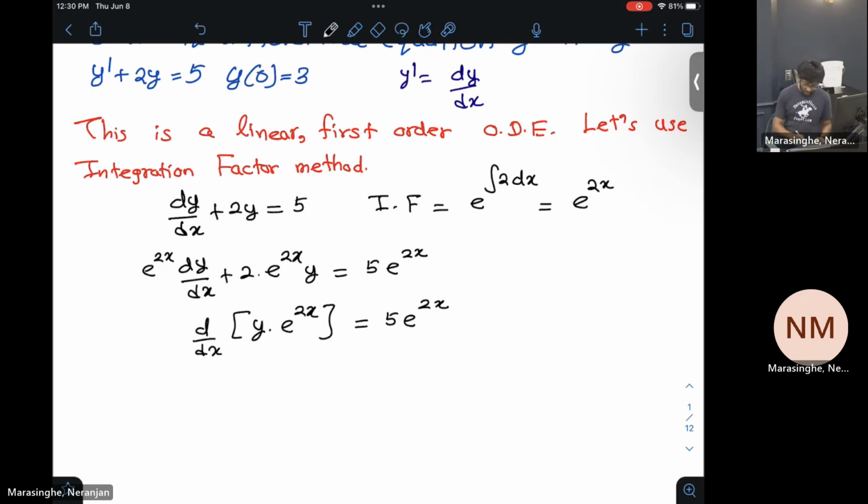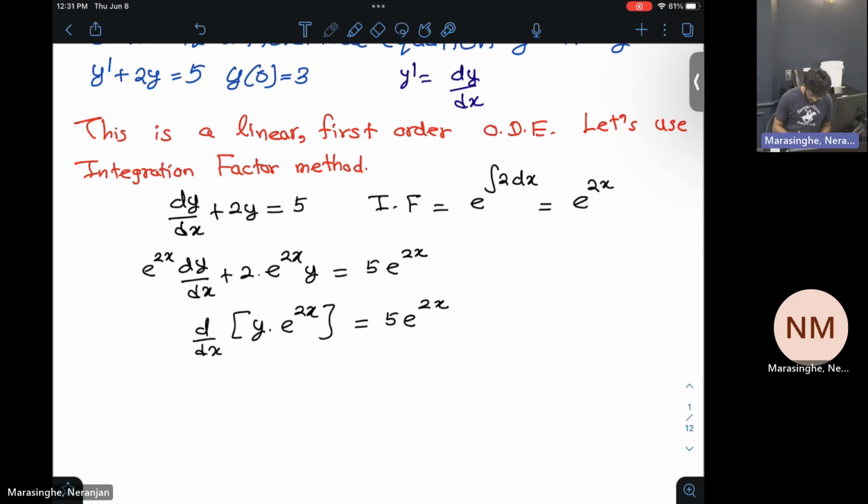If you evaluate the derivative of this, you would get this summation. So I can replace the summation by this. That is our usual trick.